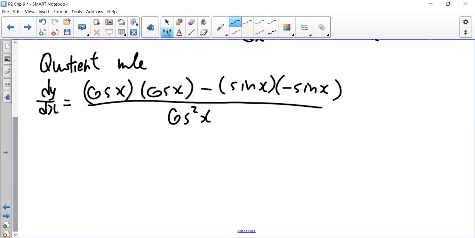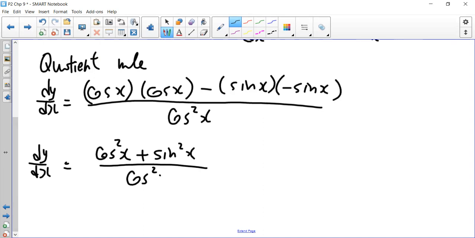We can simplify the numerator, so dy by dx, keep writing the left-hand side, don't be lazy. Then on top, cos x times cos x is cos squared x, negative sine x times negative sine x is positive sine squared x, over cos squared x.